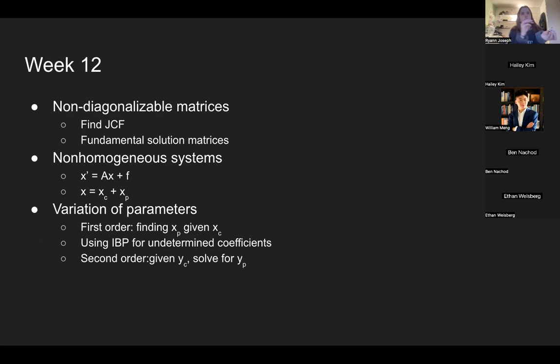For undetermined coefficients, you have to make sure that the f term and your complementary solution don't overlap. If they overlap, variation of parameters is a better bet. But if they don't overlap, you can use undetermined coefficients. We'll show that in a second.